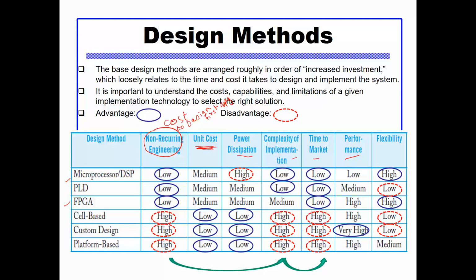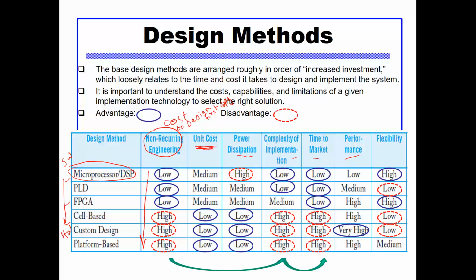Notice overall, if you look at the microprocessor and DSP, which is a software solution, this is where software solutions start, and we go more hardware-like. Notice that the design cost, the non-recurring engineering cost, goes higher whenever you go to more hardware solutions.